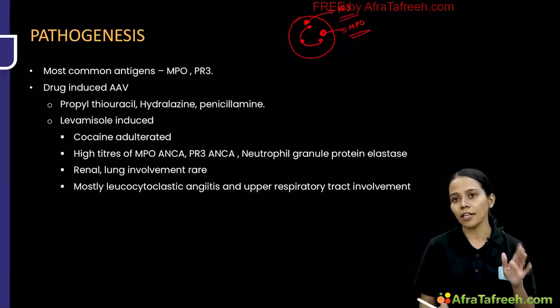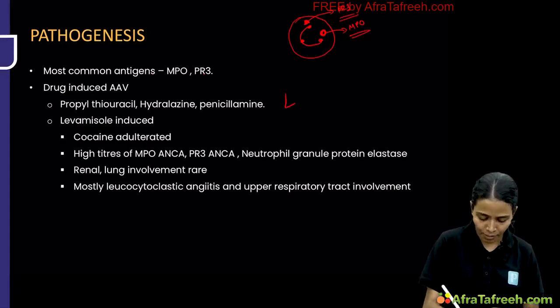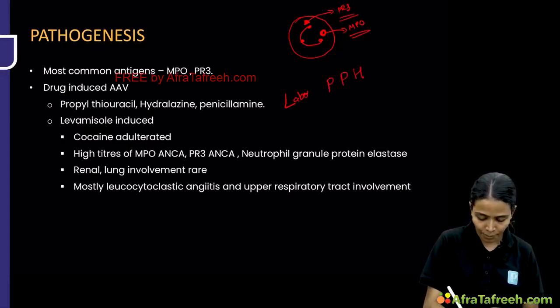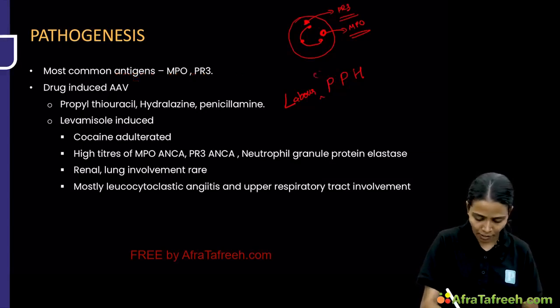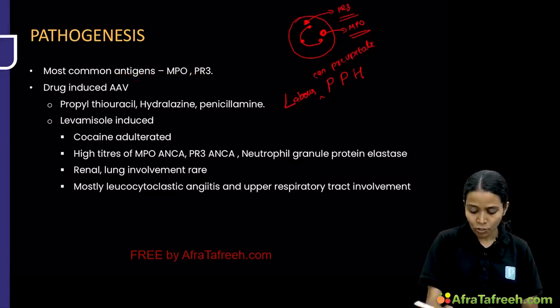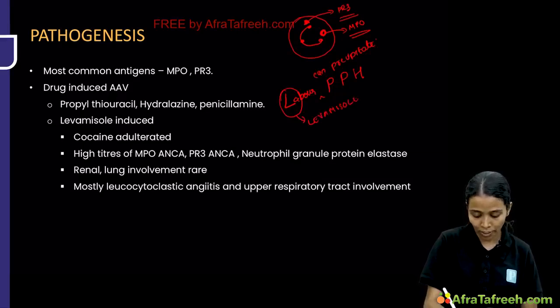Now important is drug-induced ANCA-associated vasculitis. There are four important drugs which can cause this. I remember it with the mnemonic: Labor can precipitate PPH. So what does L stand for? L stands for levamisole adulterated with cocaine.